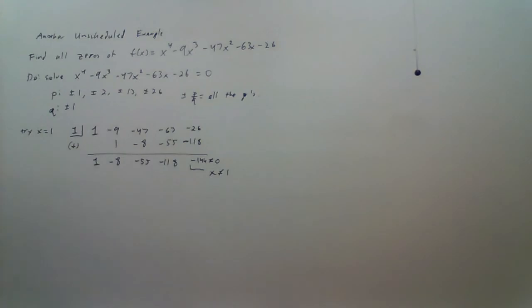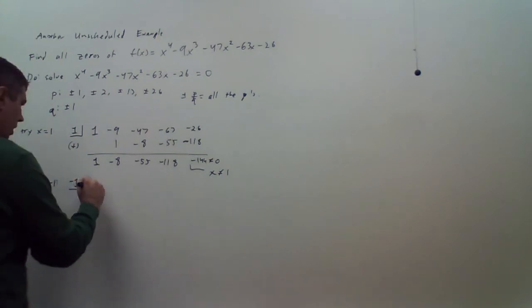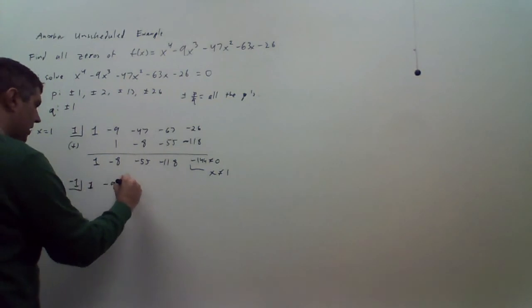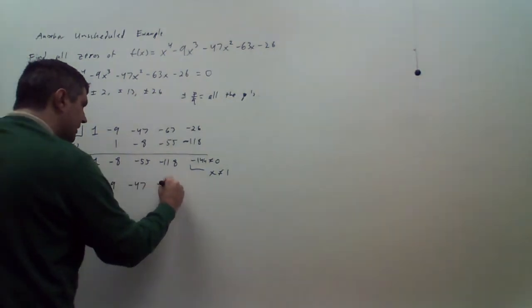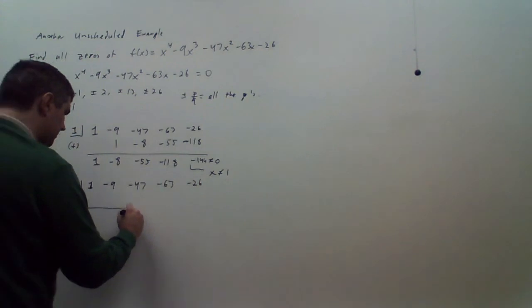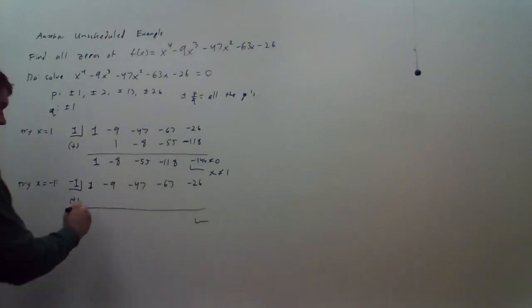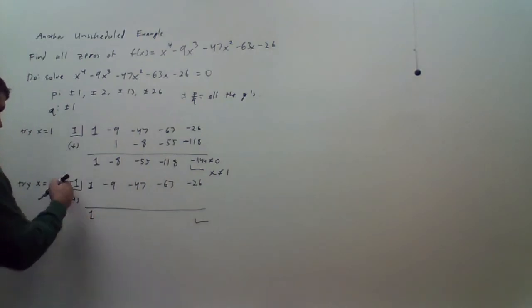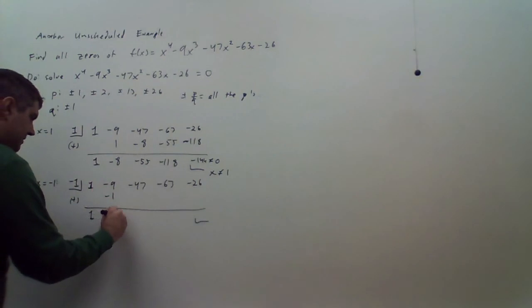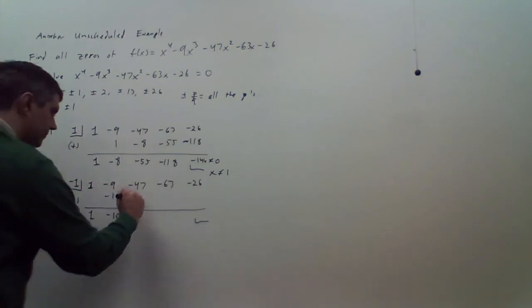Okay, next I'll try x equals negative 1. So I got negative 1 in the box, 1, negative 9, negative 47, negative 63, and negative 26. Bring down the 1. 1 times negative 1 is negative 1, that's negative 10. Negative 1 times negative 10 is positive 10.